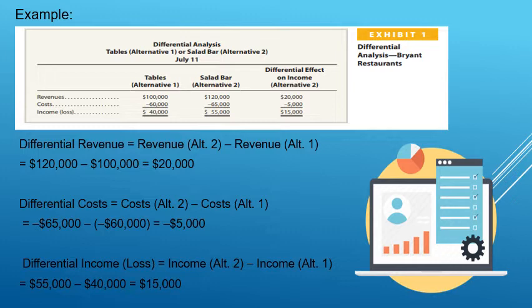So we have negative $65,000 minus negative $60,000, so we come up with negative $5,000. Differential income or loss can be determined by subtracting income from alternative 1 from income from alternative 2. We have $55,000 minus $40,000, coming up with $15,000.